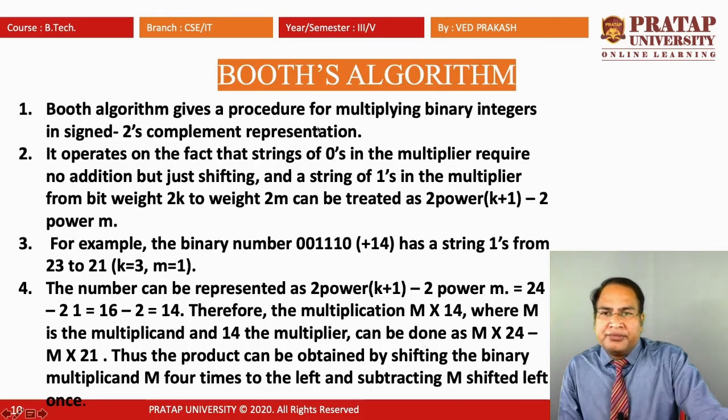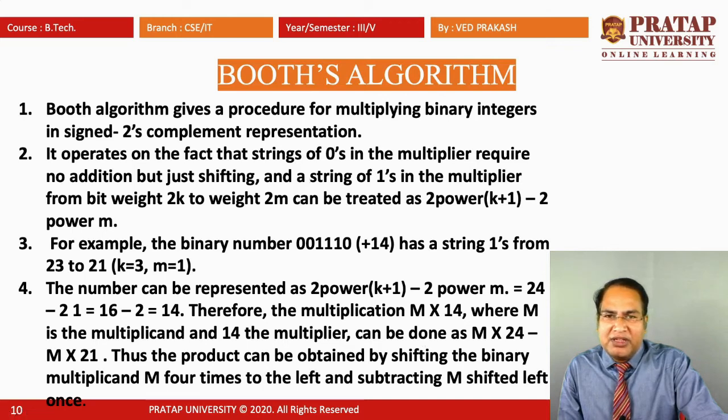Now, next topic is Booth algorithm. Basically, Booth algorithm is used for signed number multiplication, and it is always used with binary integer forms. Booth algorithm gives a procedure for multiplying binary integers in signed 2's complement representation.